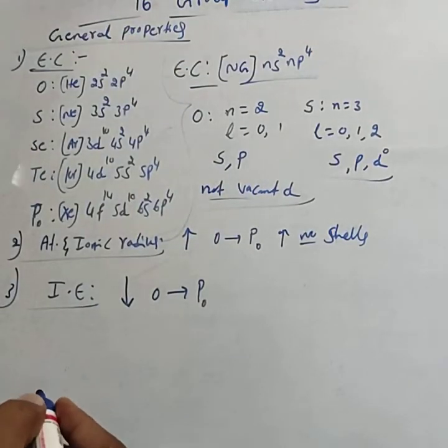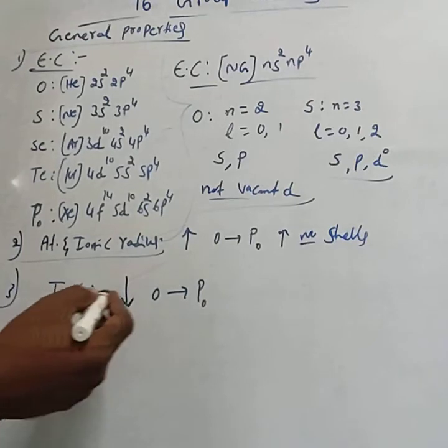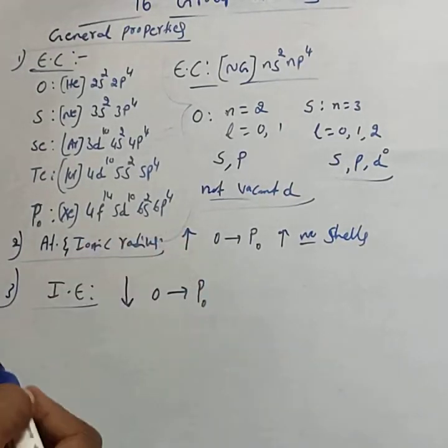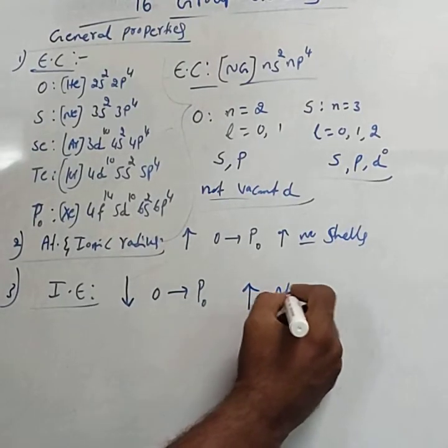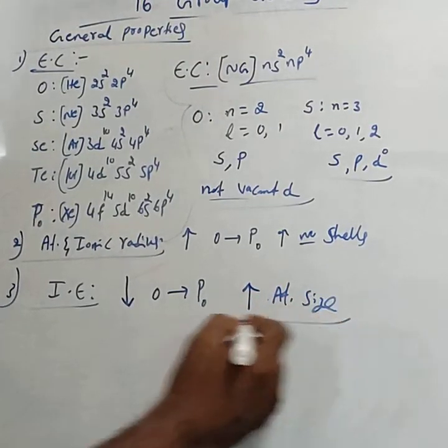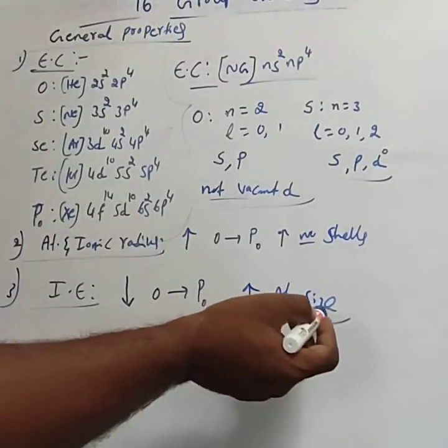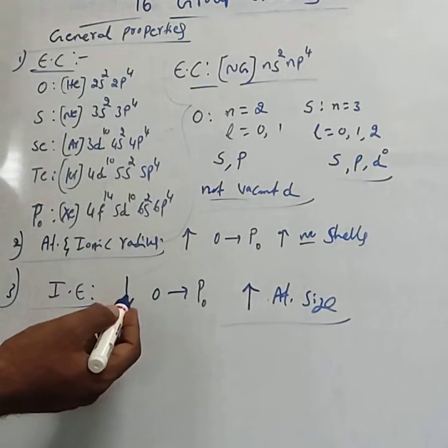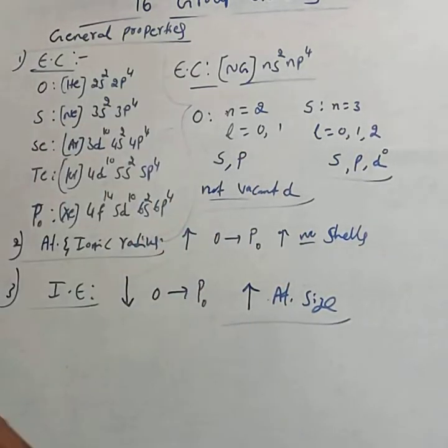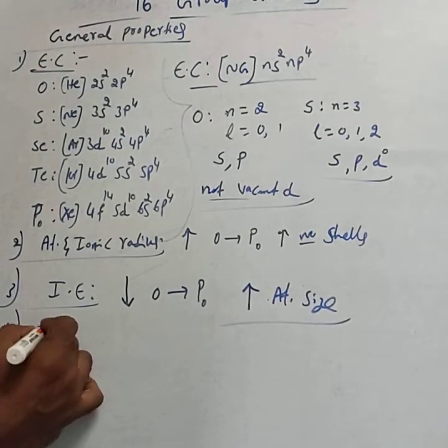Why? Because atomic size increases from oxygen to polonium, and due to this increase in atomic size, ionization enthalpy decreases. Next one is electron gain enthalpy.